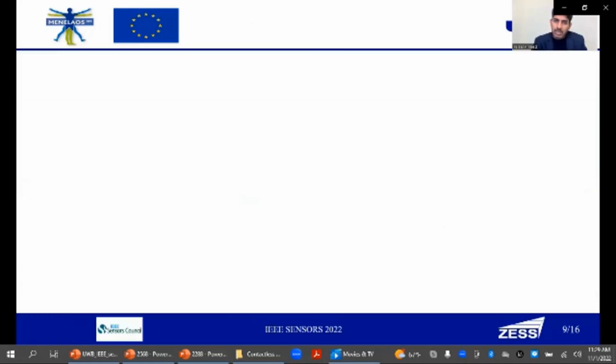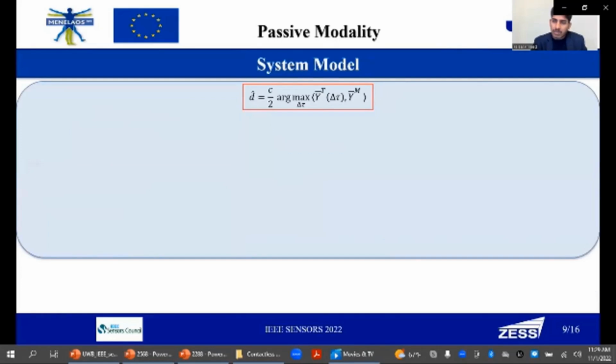Once we get the test vector and the measurement vector, we exploit the matched filtering approach based on this equation to estimate the distance. This distance is not the true distance, because we are exploiting the bistatic geometry where our source is far from the ToF camera.